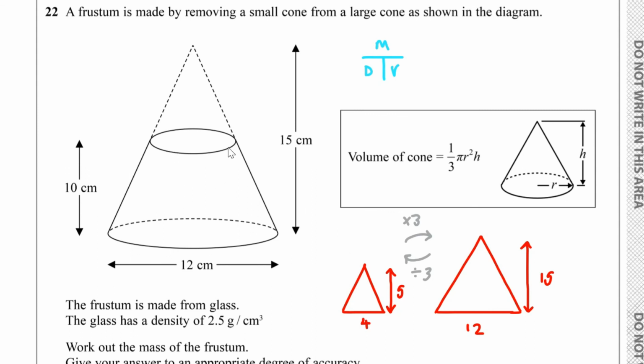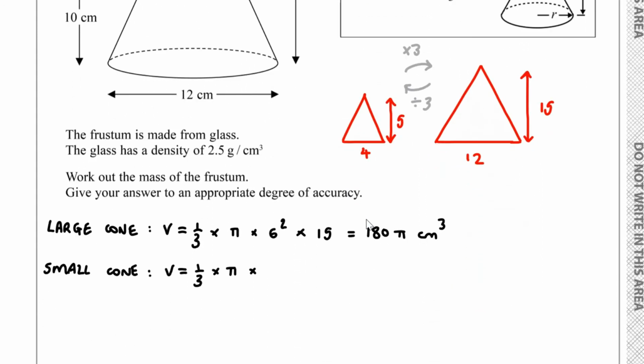So the radius of the small cone will be half of 4, which is 2. So we multiply here by 2 squared times by the height, which we've just said is 5. And if we work this out, we get 20 pi over 3 centimeters cubed.